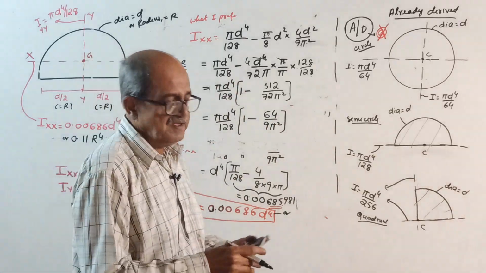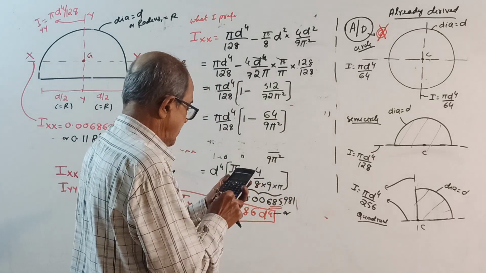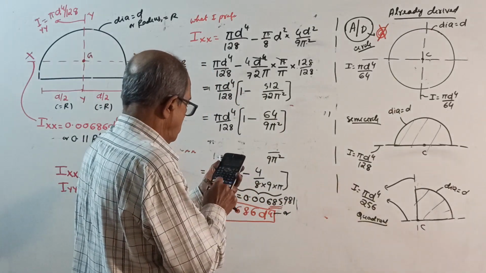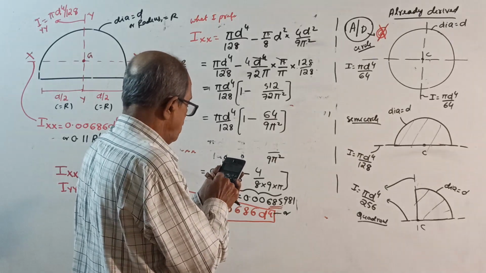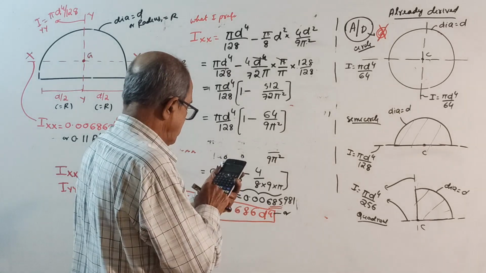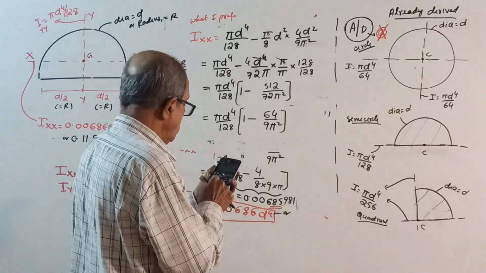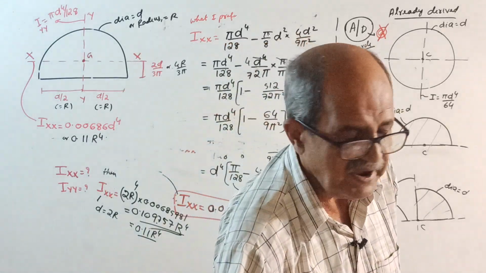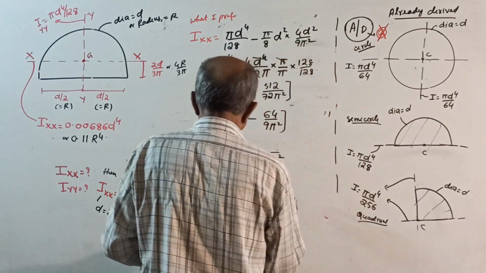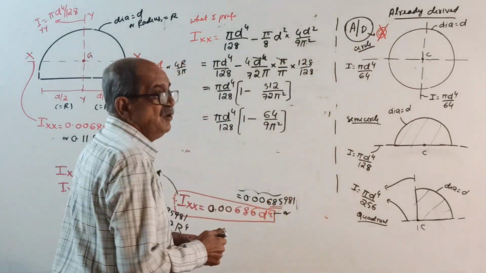I think this is the correct answer. I will check the answer now. 1 minus 64 by 9 divided by pi square, answer divided by 128 times pi, 0.00686, correct.